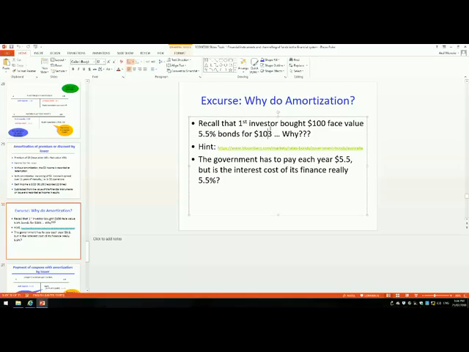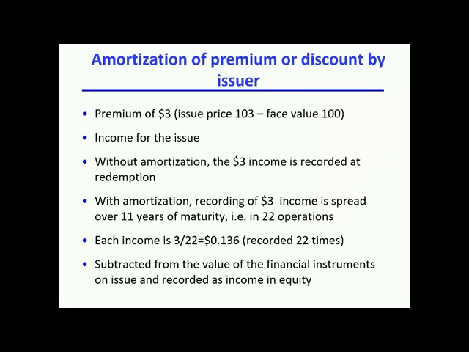Hence the profits, the $3 profits, you should spread out across all the years, because the $3 is kind of the interest that you save now, because the real interest rate that you're paying to the market is actually lower than 5.5%. Now I know that was a mouthful, but that background information is hopefully providing a little bit more sense to what we do here.